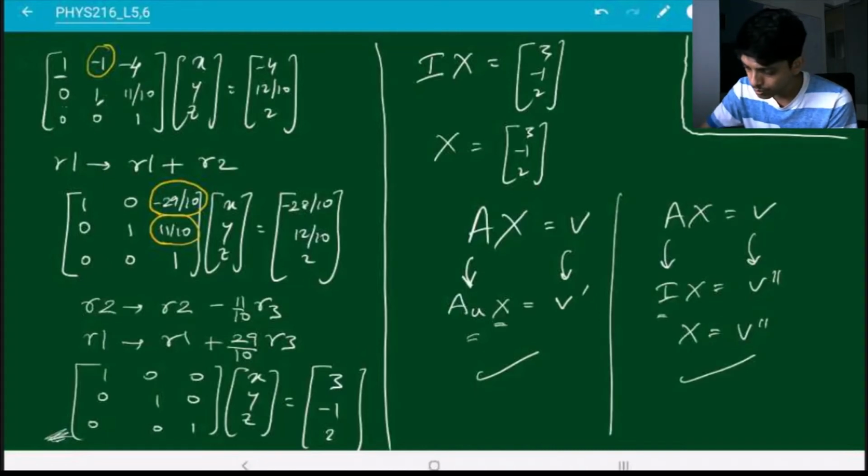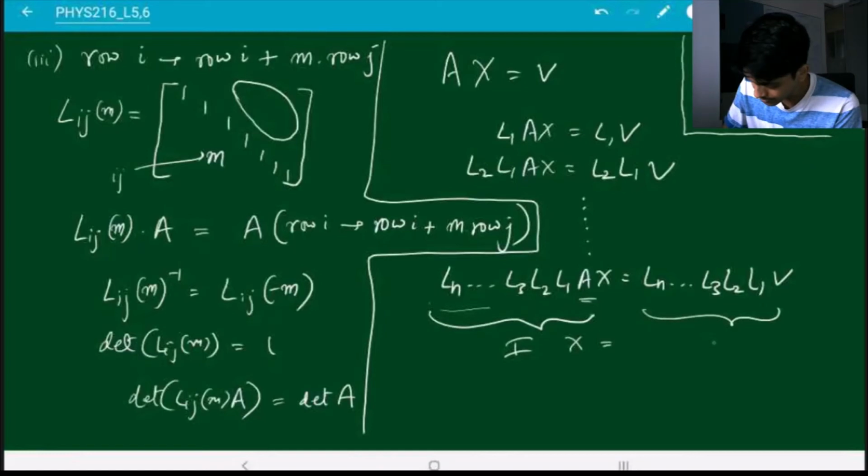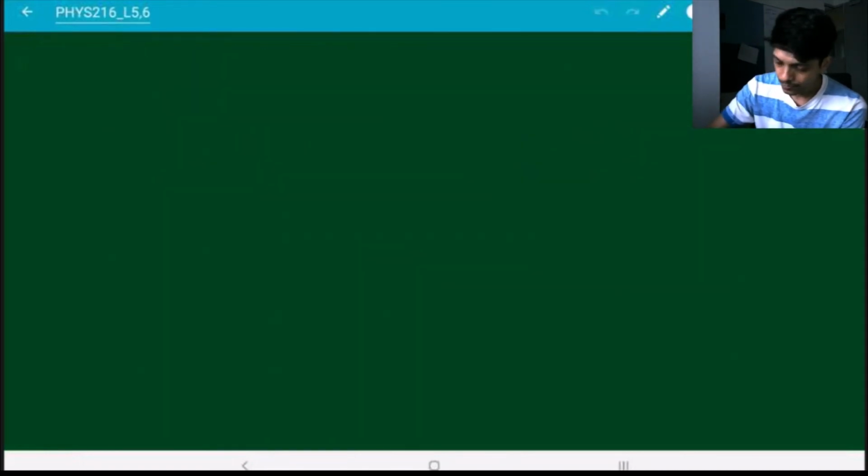Let's look at both of them one by one. Suppose you have reduced it to the identity matrix, then you just get I times X, and this entire thing has become some V double prime as we had written. So in the end you just get X is V double prime, and you have managed to solve your system of equations.